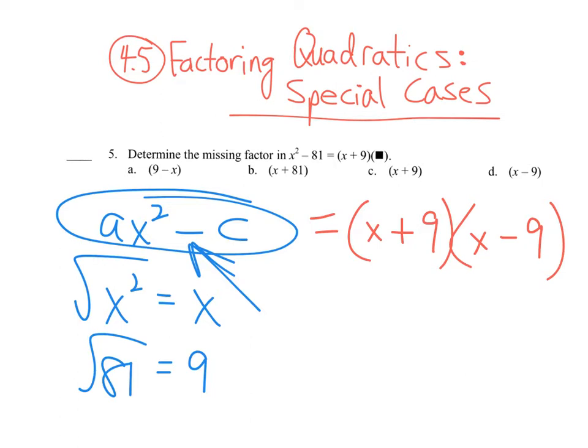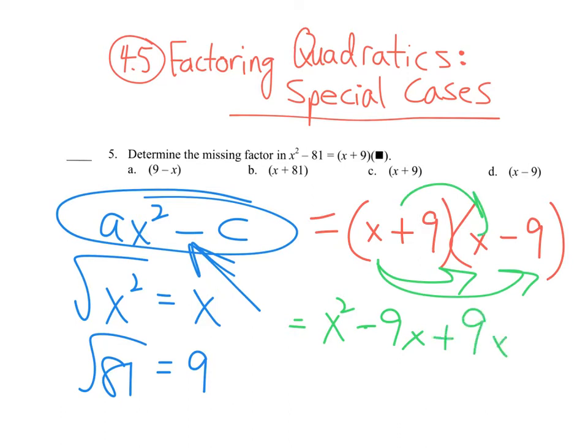And what I mean by that is, if we were to expand this, we would have x squared minus 9x plus 9x minus 81.